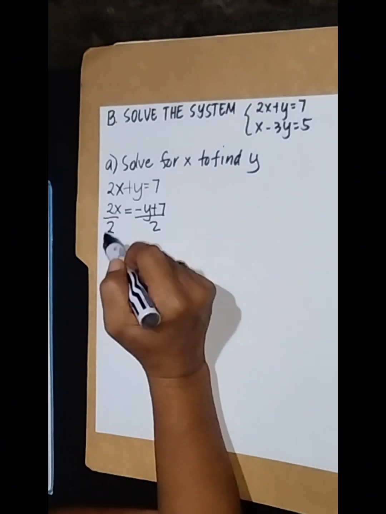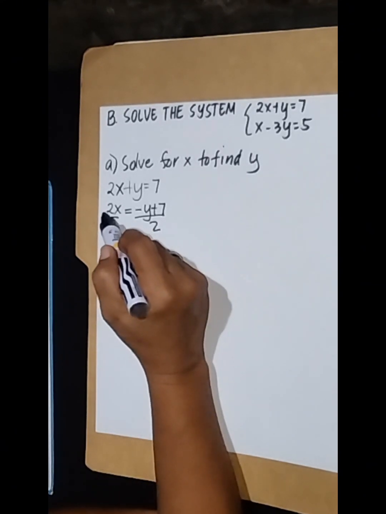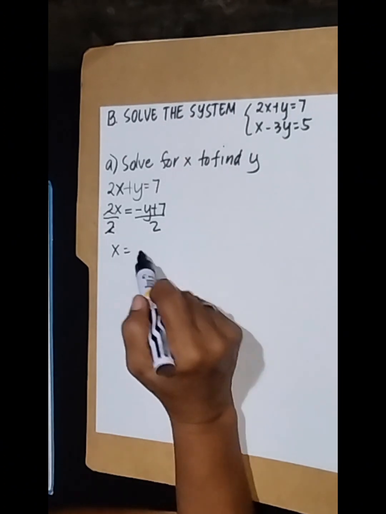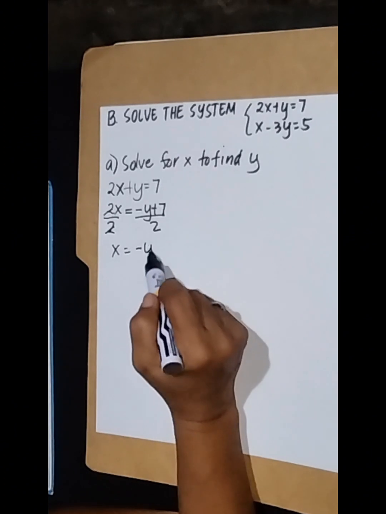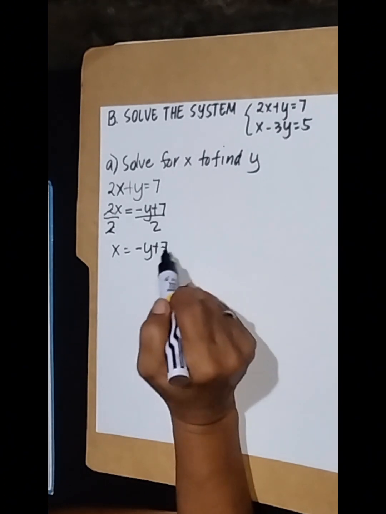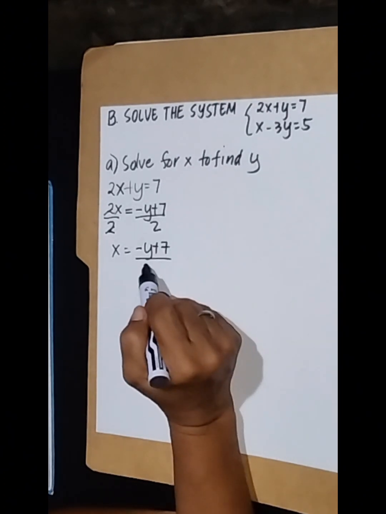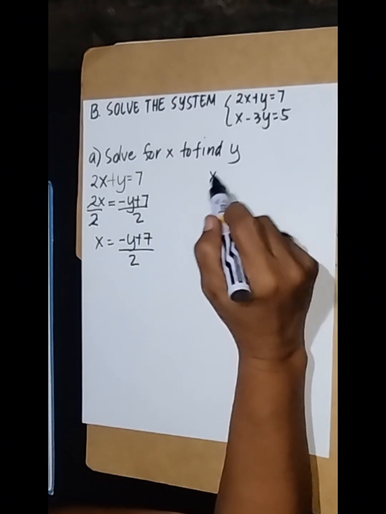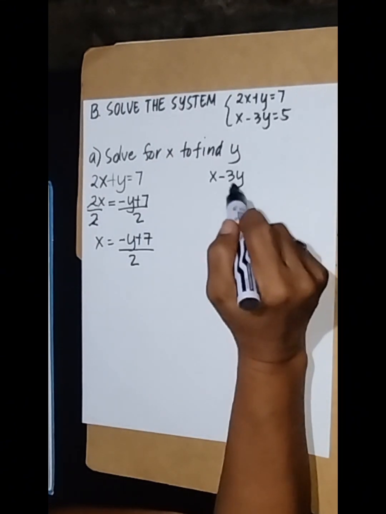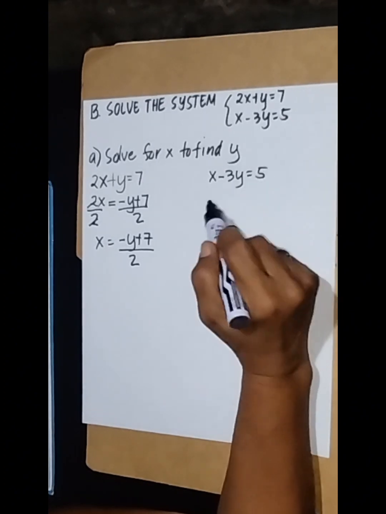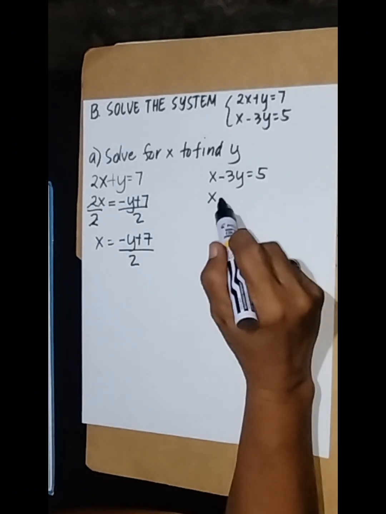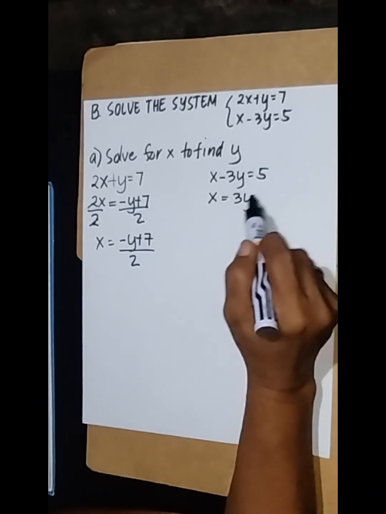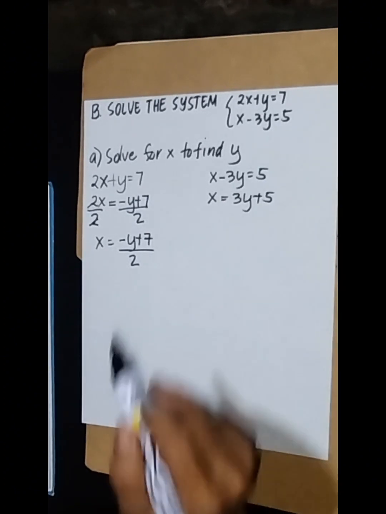Pag magiging x po ito, or 1x, so cancel. 1x or x is equal to negative y plus 7 over 2. So next equation, we have x minus 3y equals 5. Solve for x equals, negative po ang 3y, so magiging positive na po siya, plus 5.